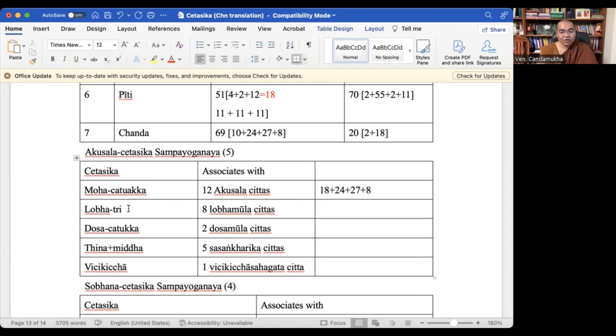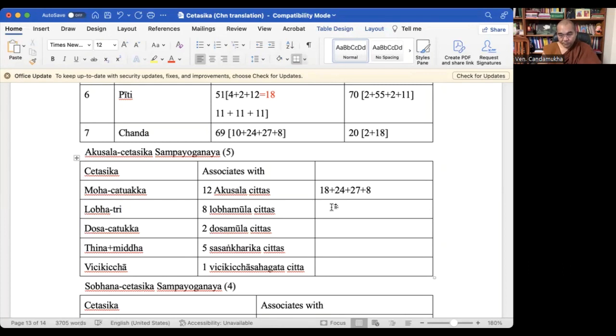For the lobha group, there are 3 mental concomitants: lobha, ditthi, mana, collectively called the lobha group. This lobha group associates with the 8 lobha mula cittas; lobha associates with the 8 lobha mula cittas. But ditthi associates only with the 4 ditthigata sampayutta cittas, and mana associates only with the 4 ditthigata vippayutta cittas. So collectively, there is one sampayoga method in the lobha group.